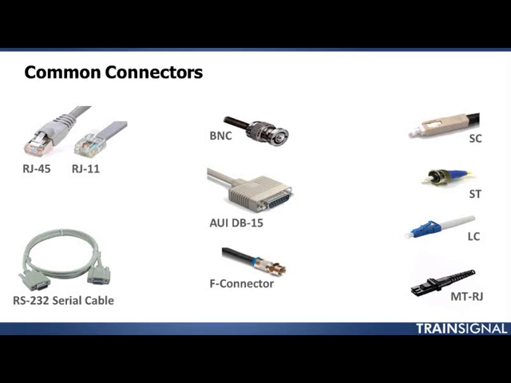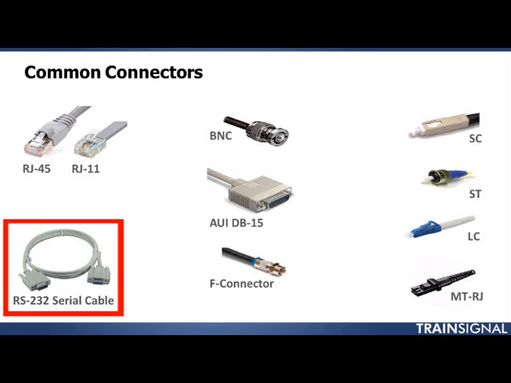Now, another type of cable/connector that I have listed for you here on the screen, I'll be honest with you, is one that you don't see too much anymore, and I put it there, quite frankly, because it's on the Network Plus objectives, and if that is one of the reasons that you are watching this course is because you're studying for the exam, I want to make sure you know what an RS-232 connector is. And this is the type of connector that goes onto a serial cable.